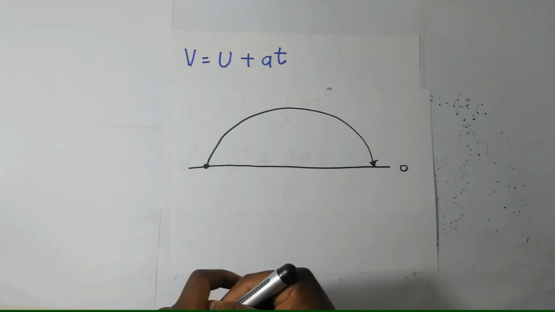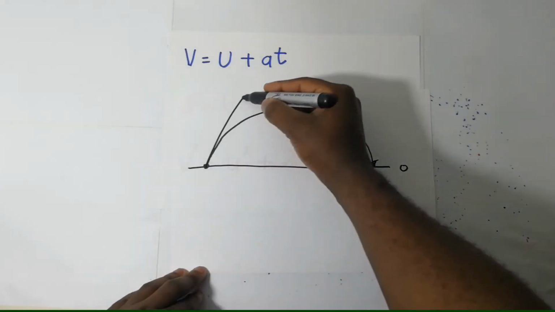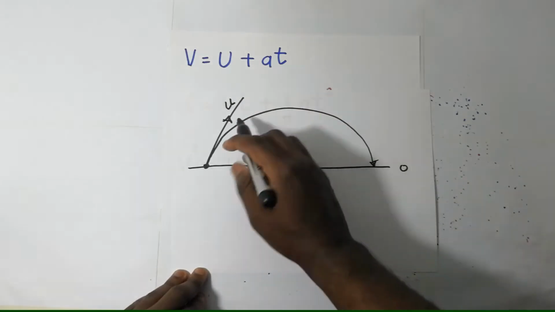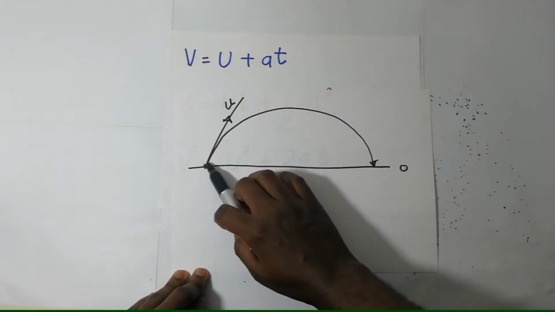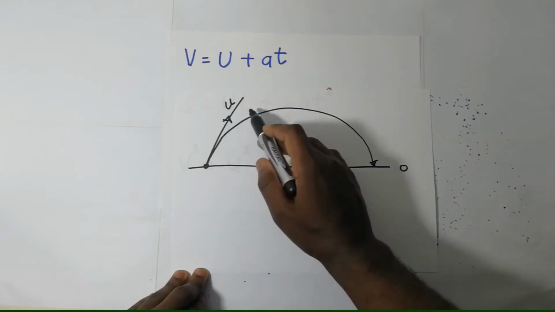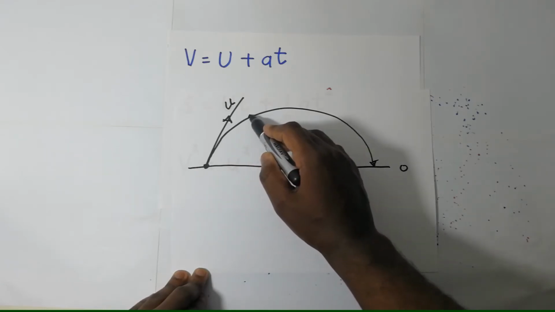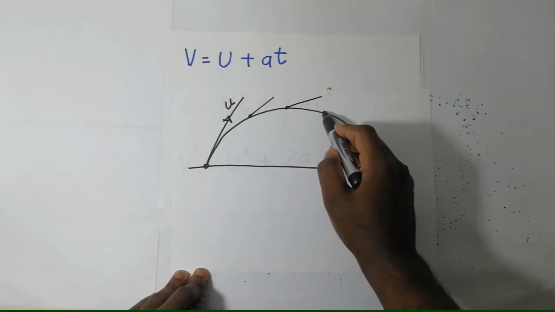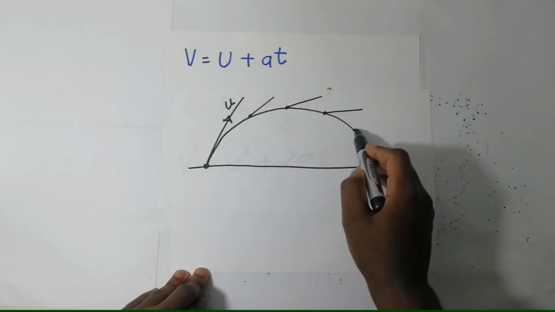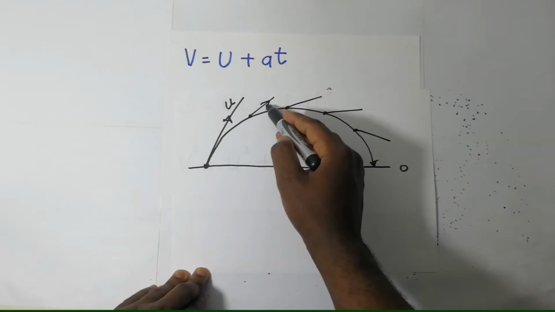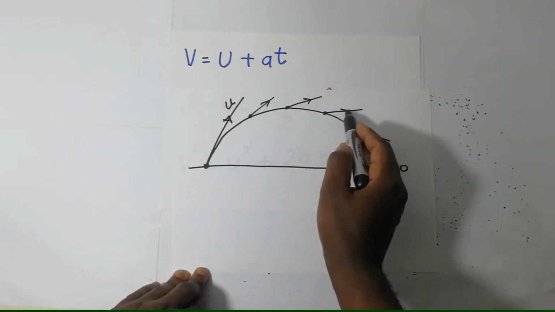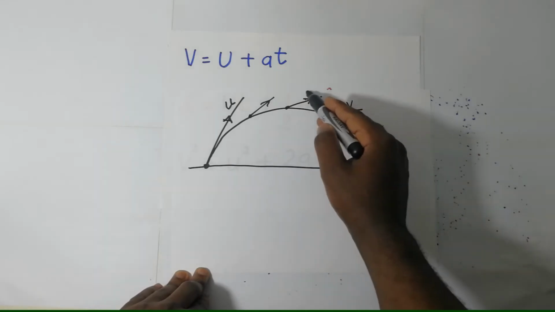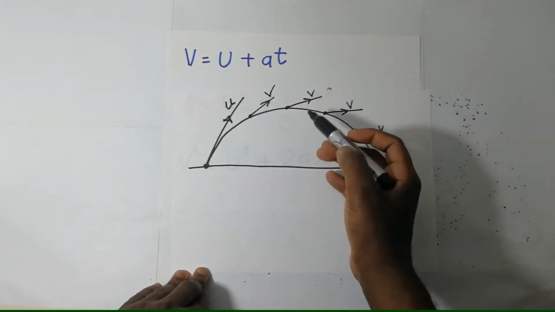Now, at that point of projection, a projectile always takes off with an initial velocity, which we are always going to denote u. Along its journey here, its velocity keeps changing direction. The velocity that keeps changing as it's moving along its journey is what we're denoting as v, the final velocity.